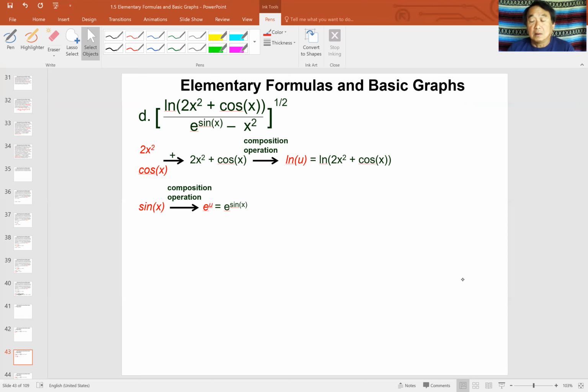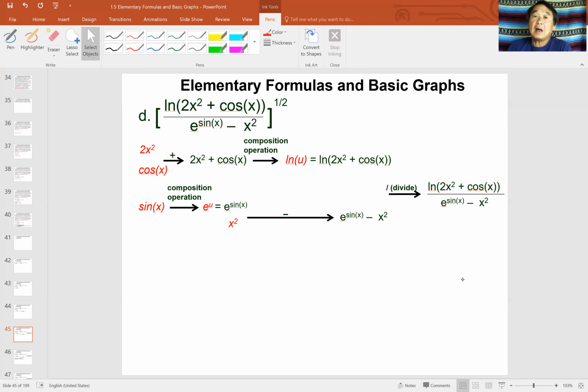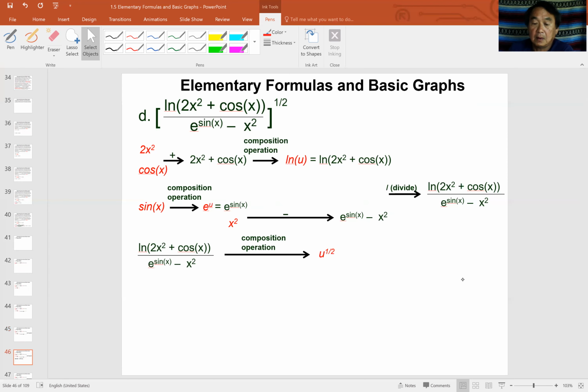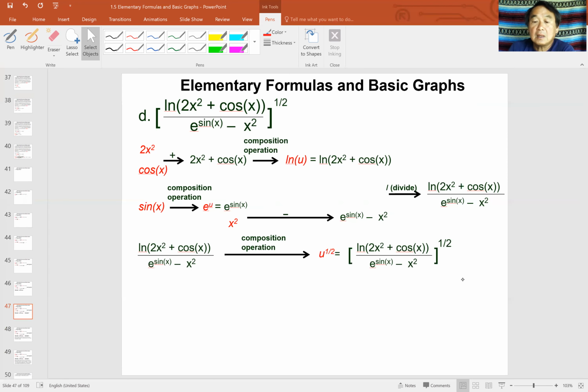Then I add some numbers, and then I make a fraction out of it, and after that I feed it into the square root formula.